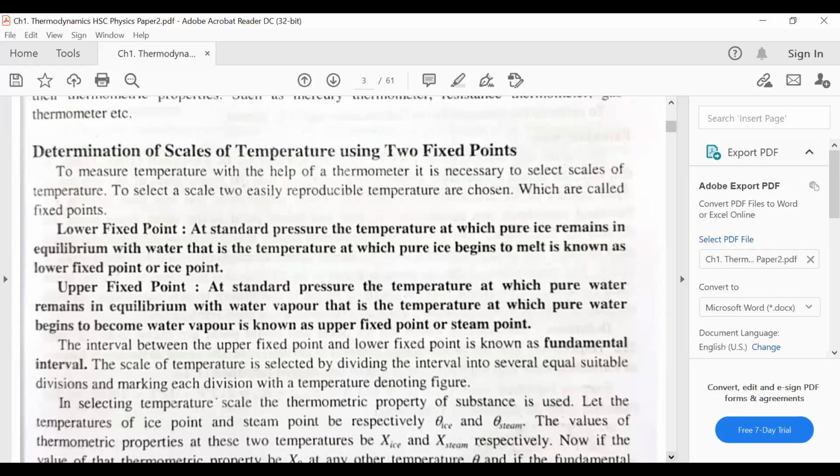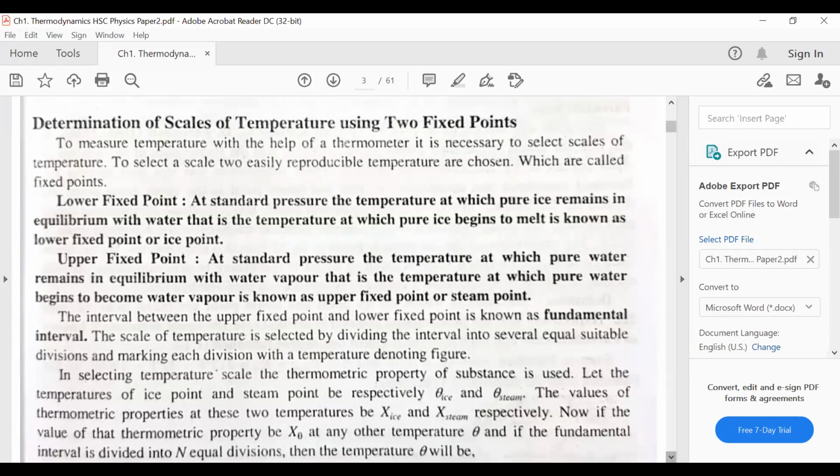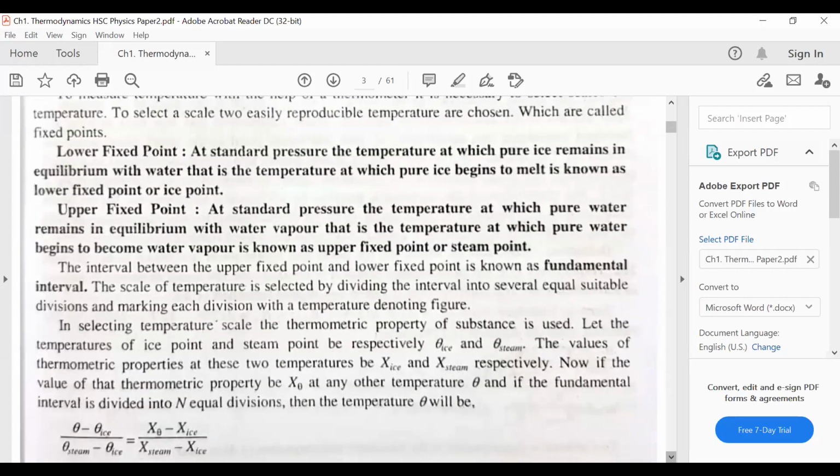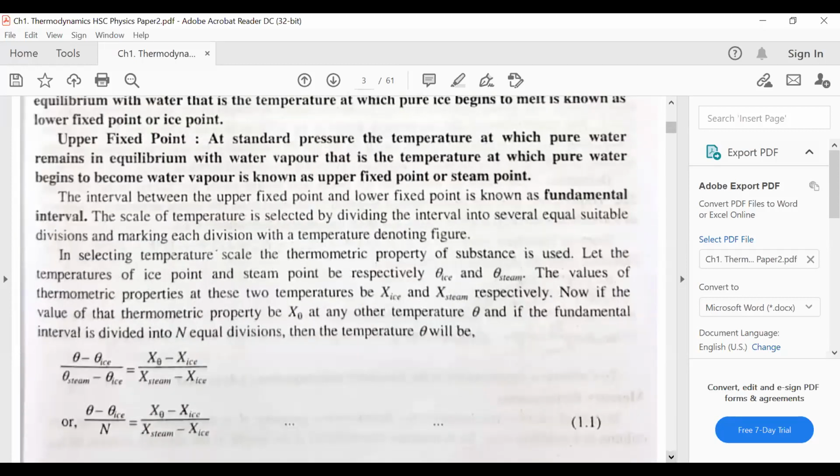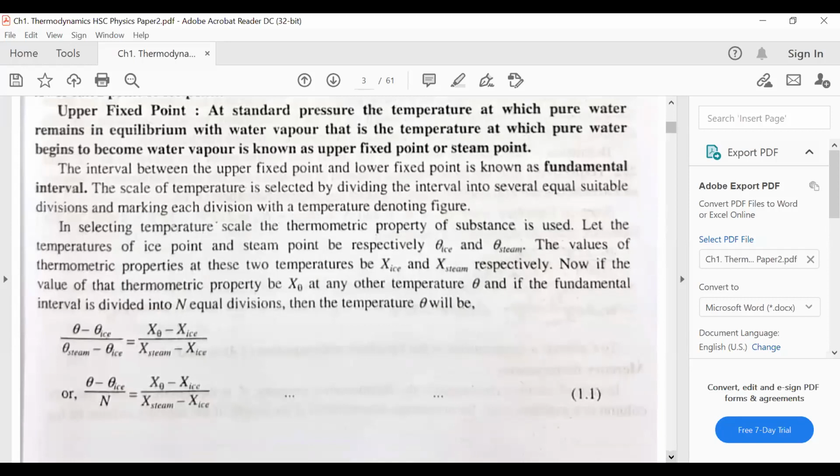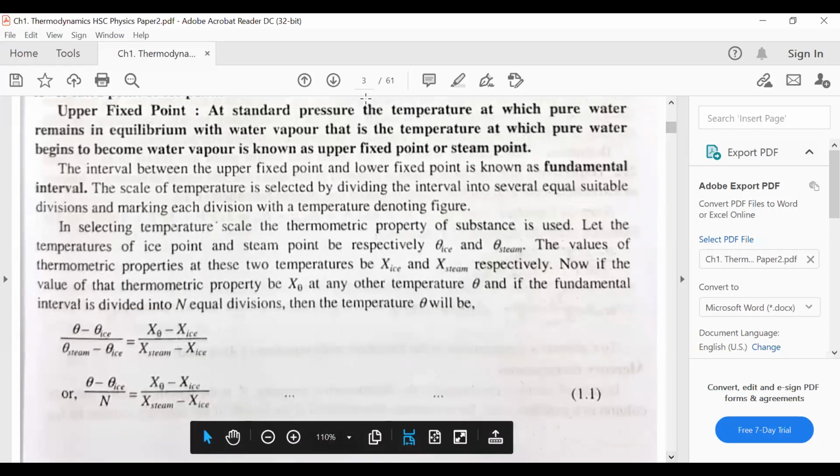There are different scales of temperature. Which ones do you recall? One is the Celsius scale, that is what we are calling degree Celsius. Second one is the Fahrenheit scale.